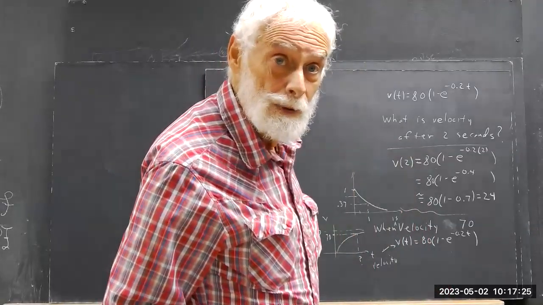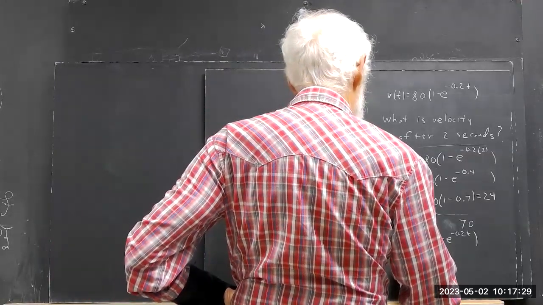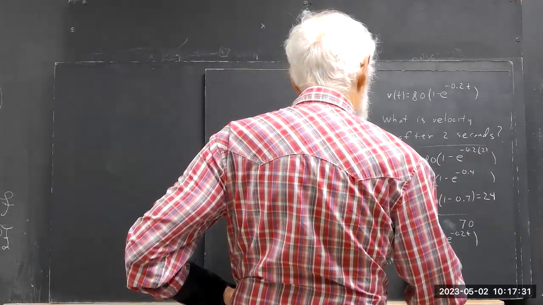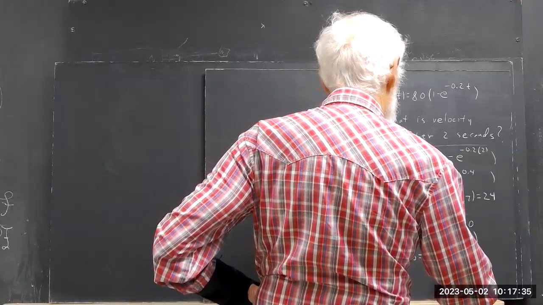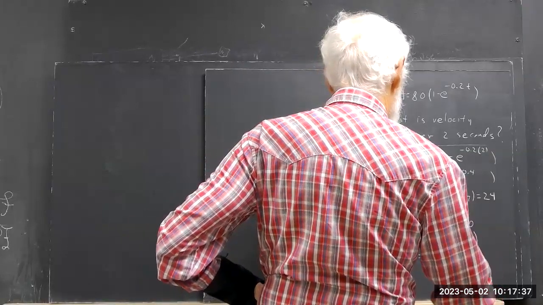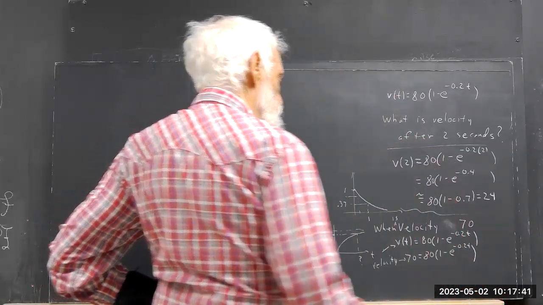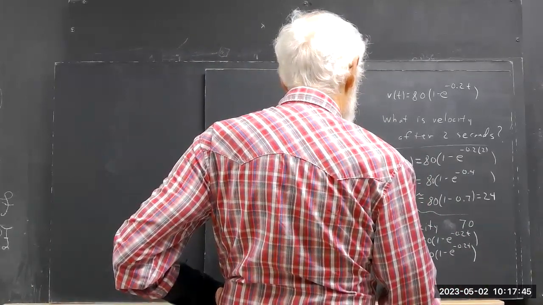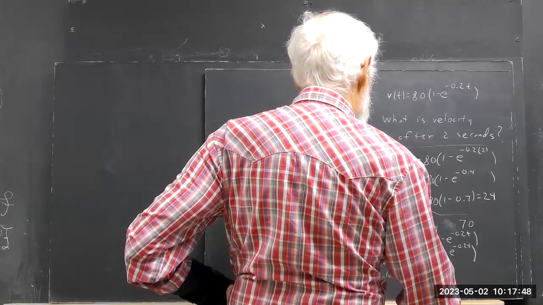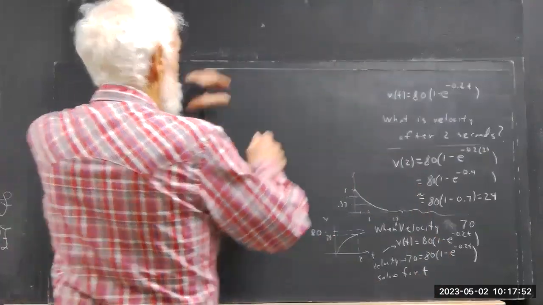So let the velocity be 70. So we write 70 equals 80 times (1 minus e to the negative 0.2t). Now we can solve this equation for t. Well, let's go ahead and solve it.